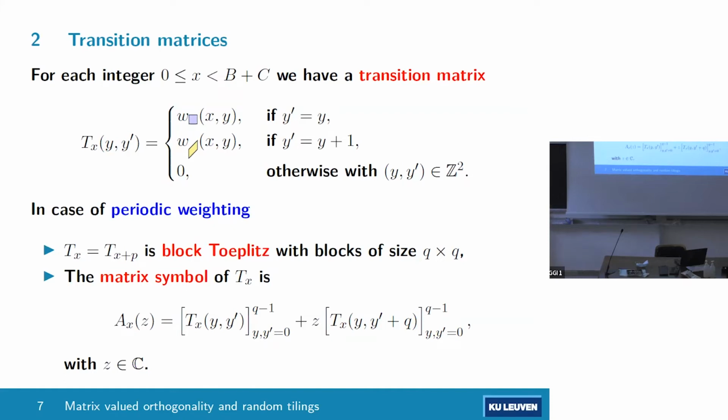And associated with a block Toeplitz matrix is a block symbol that just takes these blocks, which are size q by q. The diagonal block, you just take it as a matrix. The first upper block, you take as a matrix, but you multiply with z. And then, in a general context, you would continue with z squared and so on.